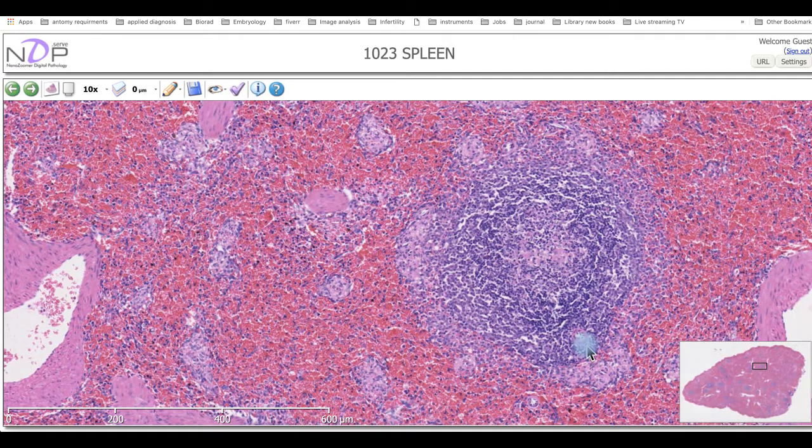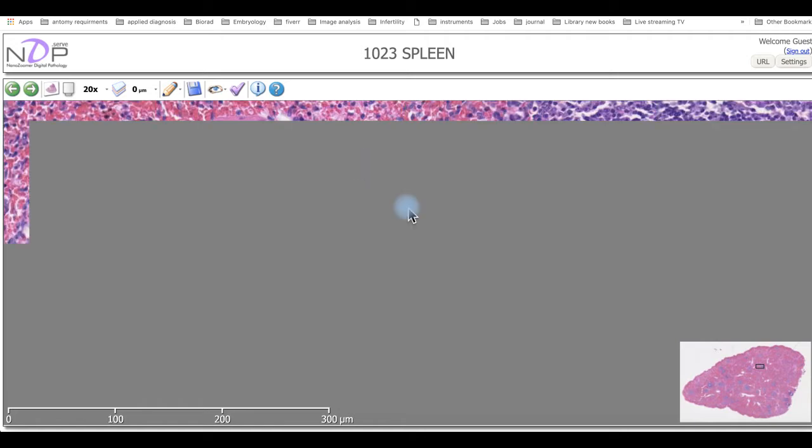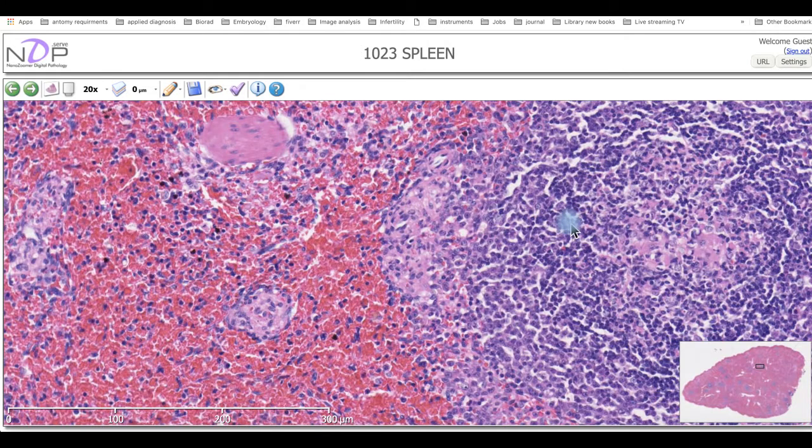The lymph nodule contains this central arteriole or nodular arteriole, and this can be easily differentiated from the nodules found in the lymph node. In the lymph node, they don't have this central arteriole or nodular arteriole. If we increase the magnification of these nodules, we can see they consist of lymphocytes.